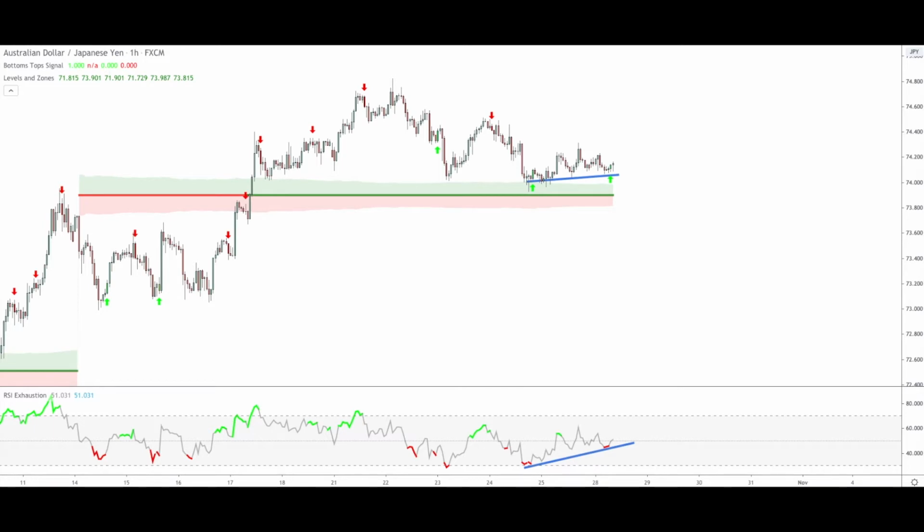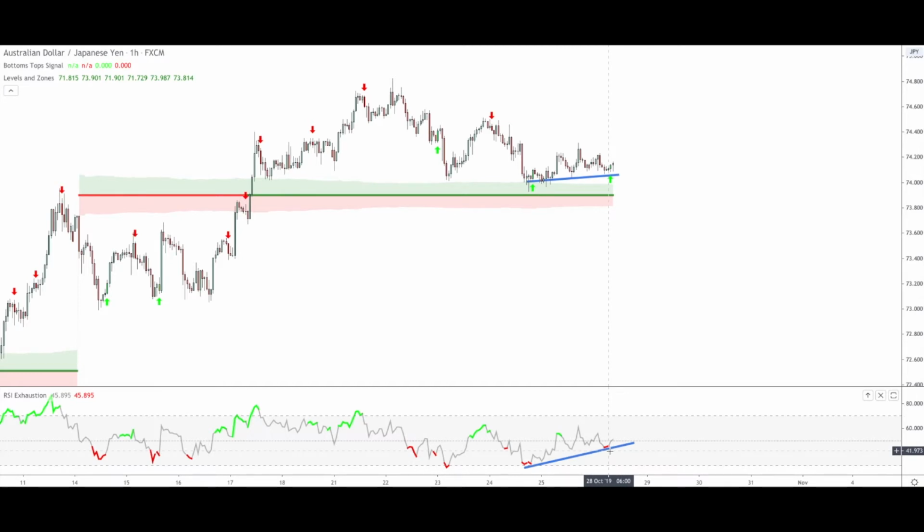And so we use three simple rules. The first rule is to have divergence between the price and the RSI. In this case, we have divergence because the price is pretty much at the same level, while the RSI, as we were discussing just a bit ago, is moving way high.